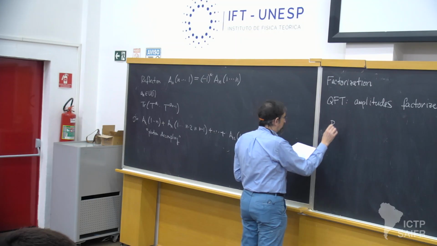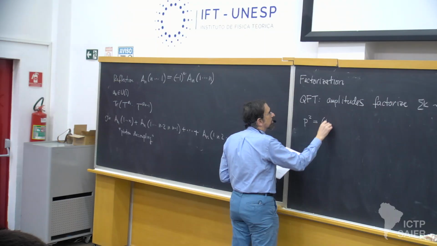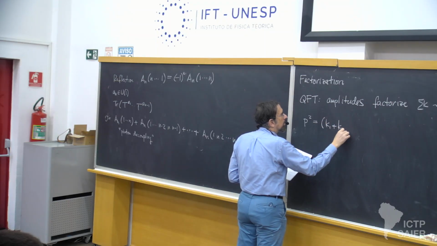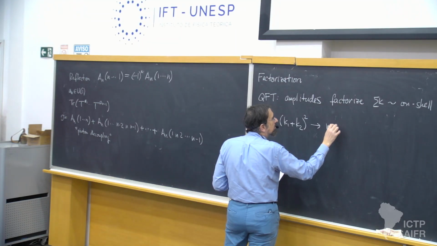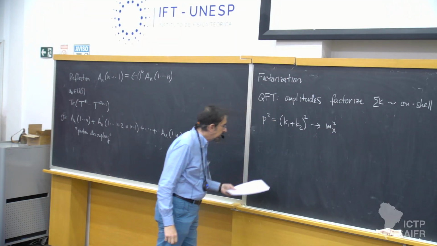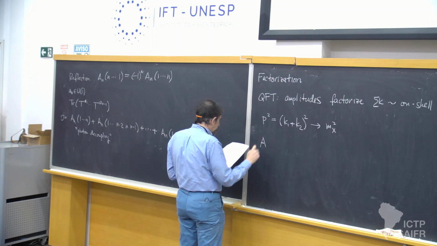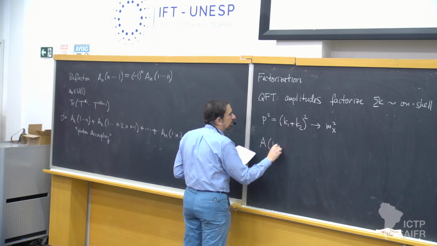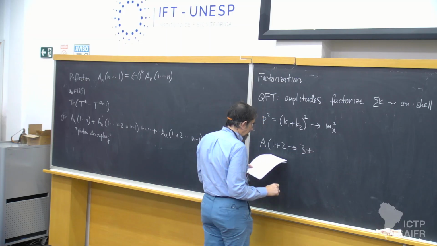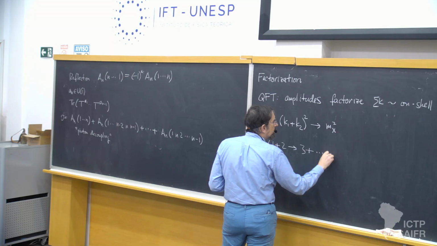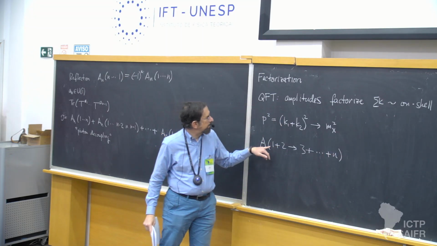So, for example, if we have some of the external momenta approaching, let's say, the mass of some particle, let's say 2 particles approach some particle x, and we're looking at the amplitude for, again, this by crossing is just going to be related to the amplitude 1 through n.